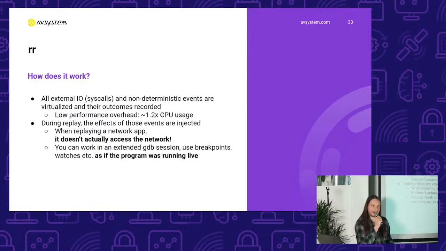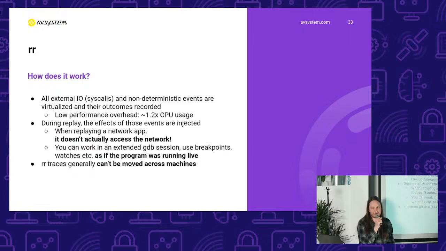So you can basically record some problem and then replay it multiple times deterministically as if the program was running live using the debugger, and you can do reverse execution as well. But you cannot generally move it to other machines. This is really tied into the CPU type and so on.